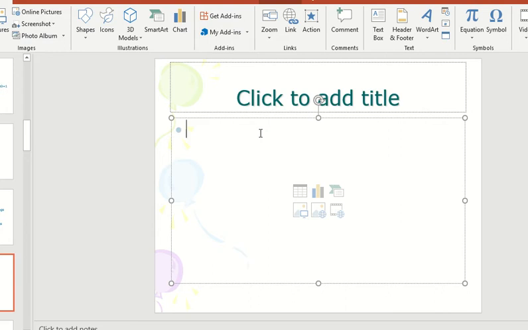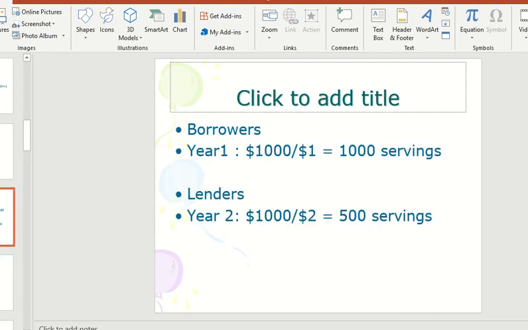Because if this is the case, then I definitely would not want to lend my money. I would rather just keep that $1,000 in year one and then enjoy more food. Because the whole reason that we lend money to other people or we make financial investments is we hope to grow money on money.